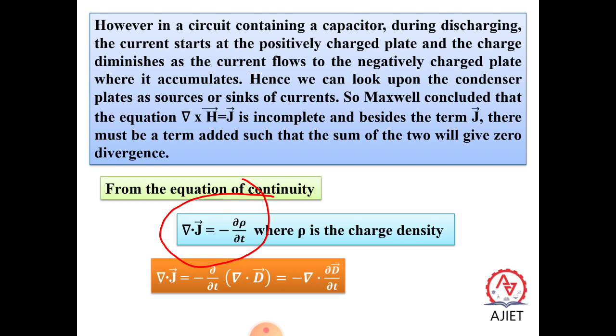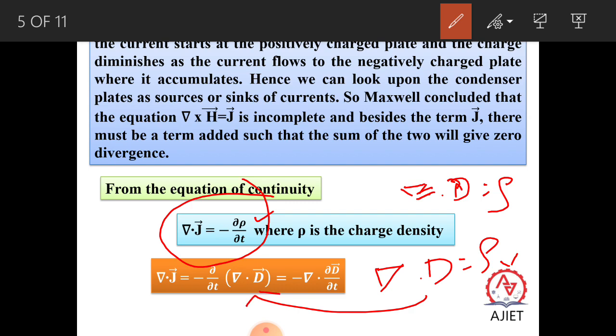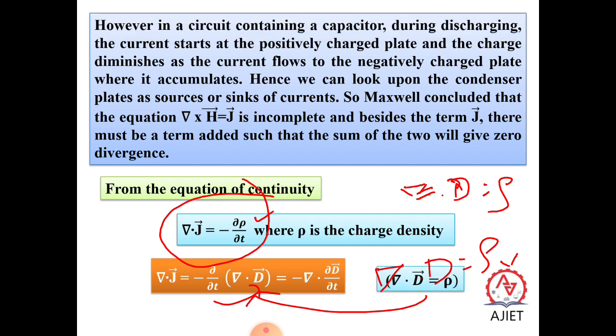But what is rho? According to Maxwell's first equation, del dot D is equal to rho. That is, the divergence of the electric displacement is equal to the charge density. So this rho is replaced in the equation: del dot J is equal to minus dou by dou t of del dot D. You take this del outside, so dou by dou t goes inside, so it is minus del dot dou D by dou t.